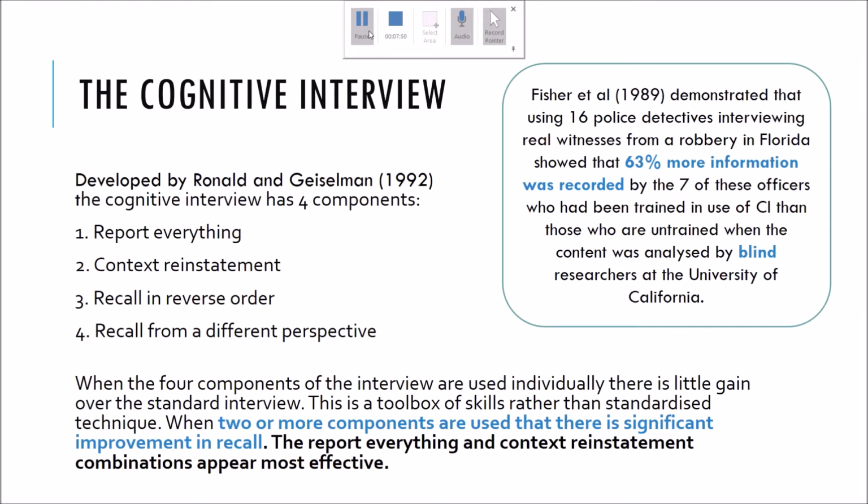So Fisher et al. did some research in which they compared interviews done by police officers who were trained in using the cognitive interview technique. So wherever you see CI in this PowerPoint, that means cognitive interview. They compared the recording of information from those interviews to those who were not trained in the cognitive interview technique, and they were interviewing real witnesses from a robbery in Florida.